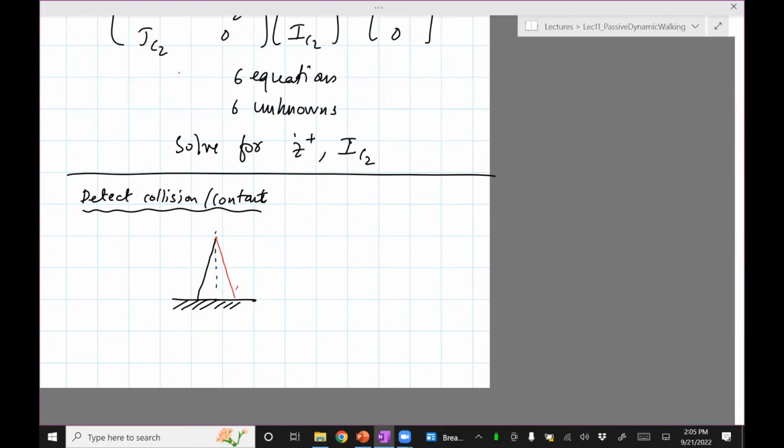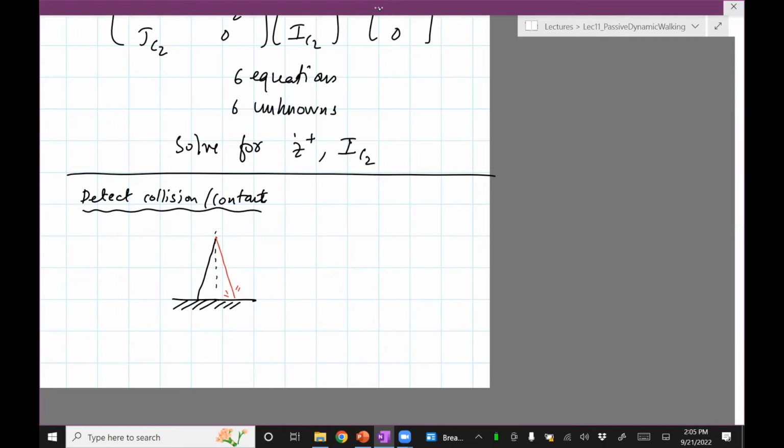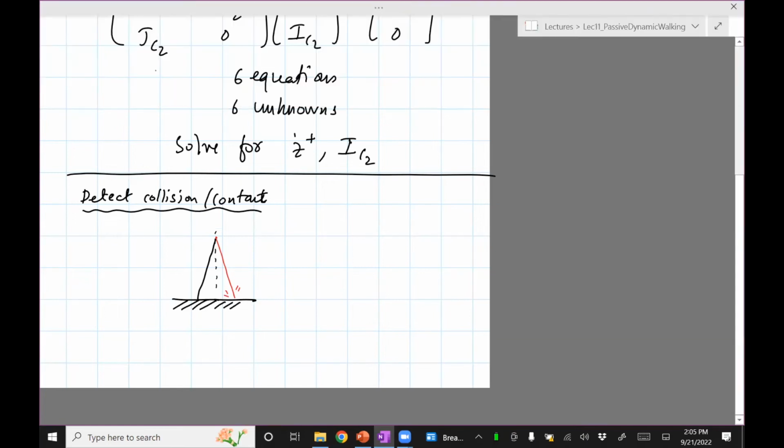So let's show that this is foot strike. So I'm going to write the angles. So since the stance leg was the black leg, we have that angle to be theta 1. And then this angle to be theta 2.